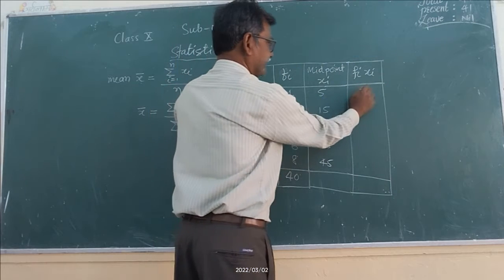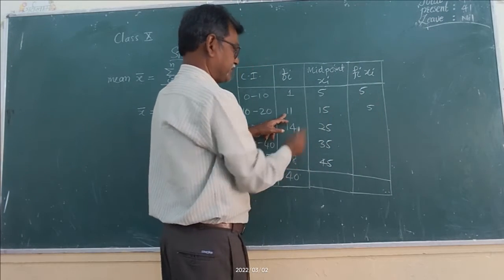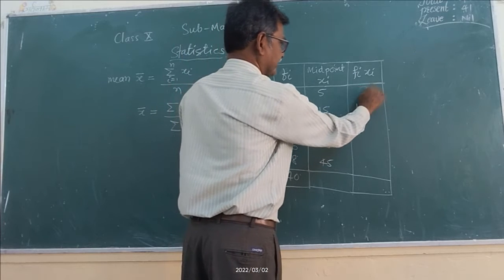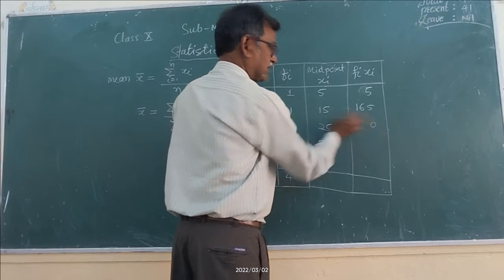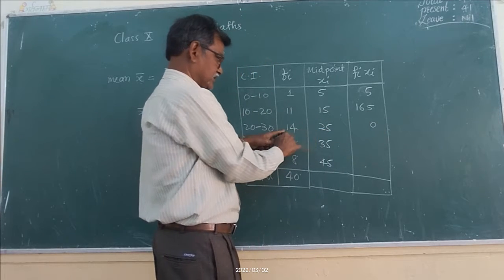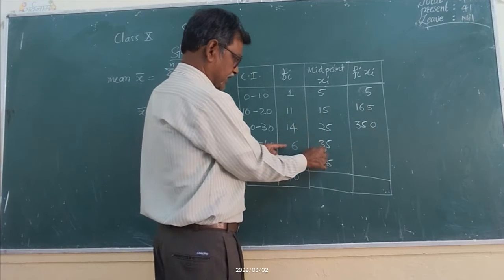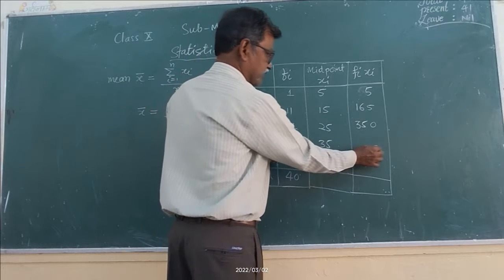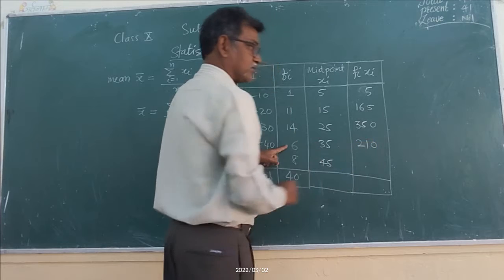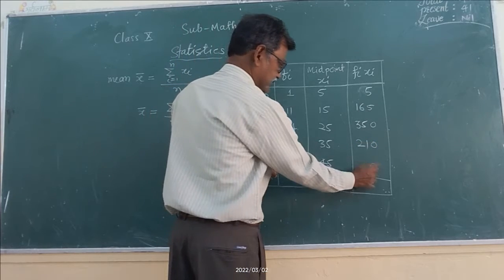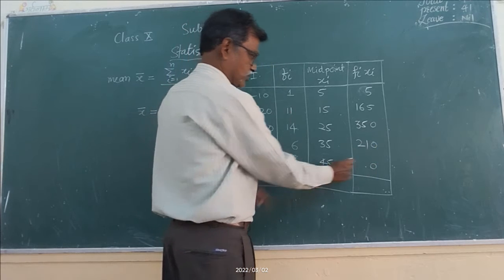So 1 into 5, 5. 11 into 15, 165. 14 into 25, 350. 6 into 35, 210. 8 into 45, 360.